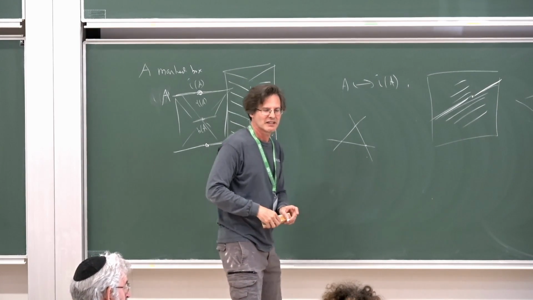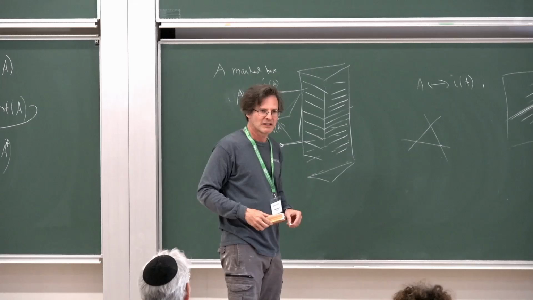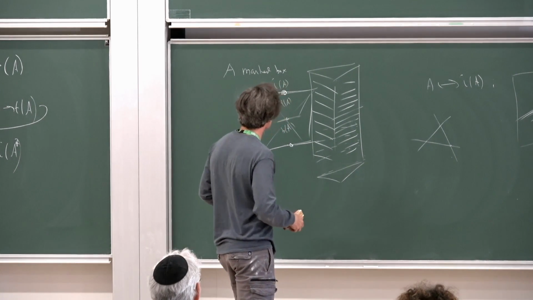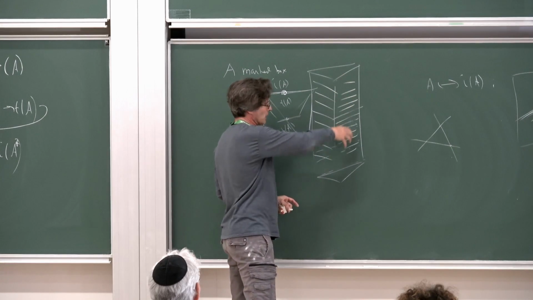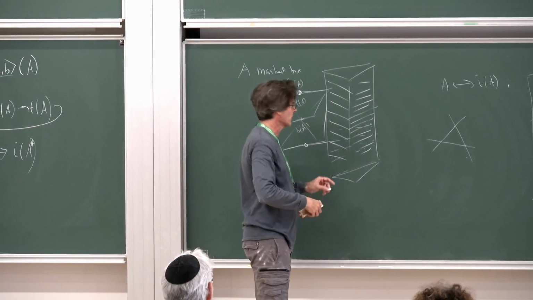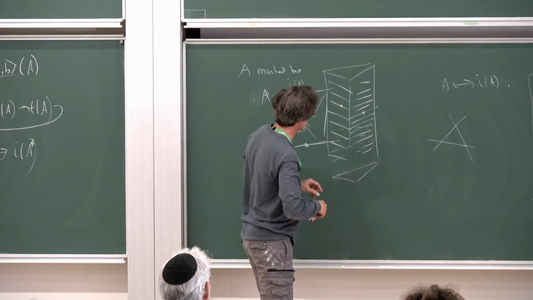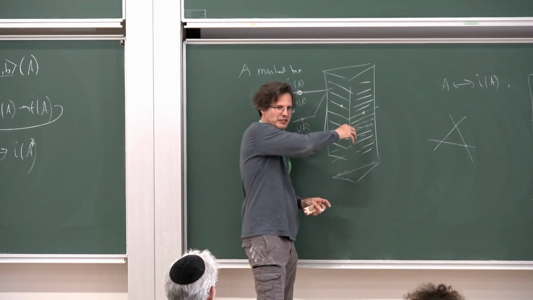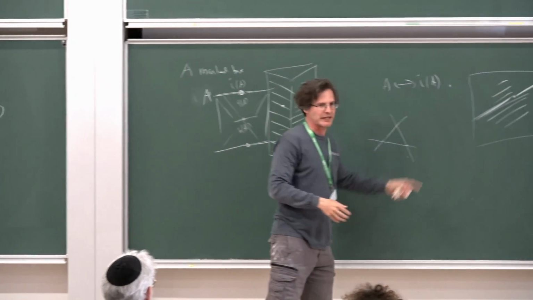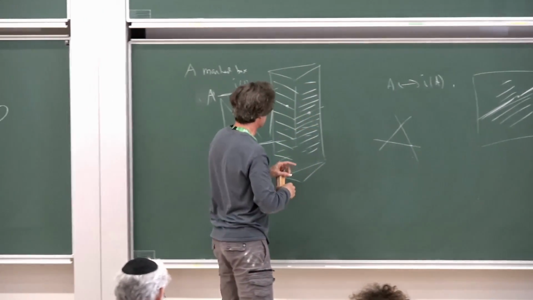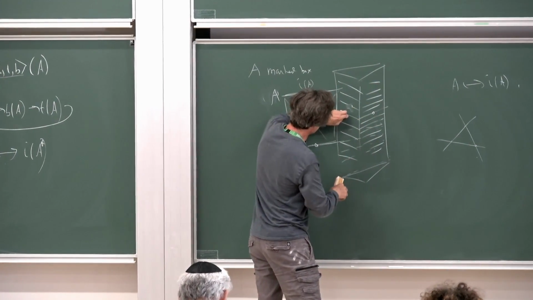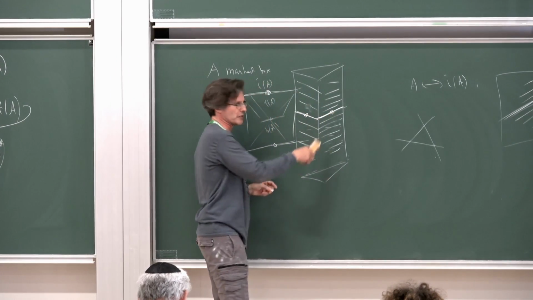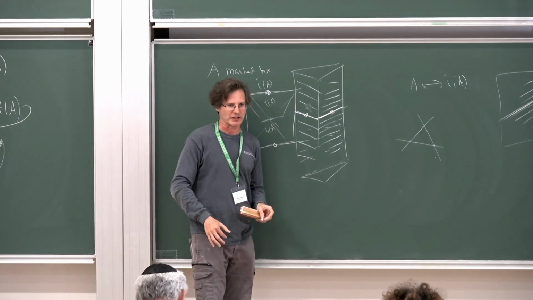So each prism has a foliation, and not only that, but it has a canonical fixed point in each one, and it comes from the point reflection that maps A to I of A, and so there's a canonical way to choose a geodesic, the one that just goes through that point reflection.